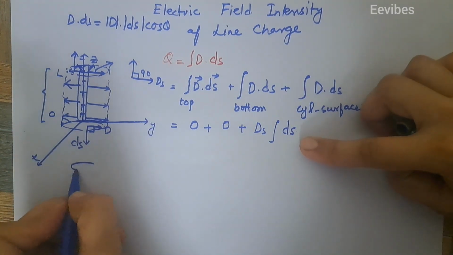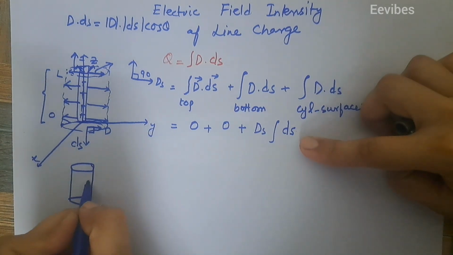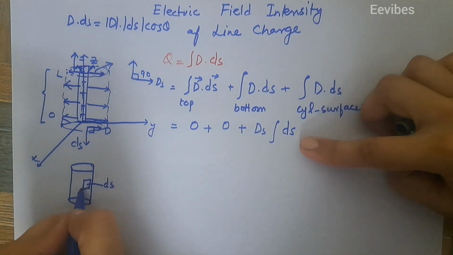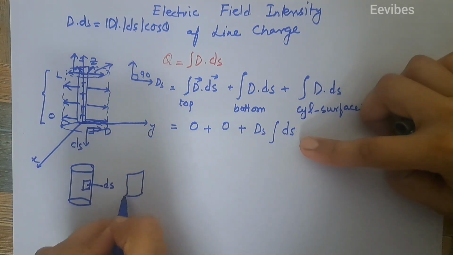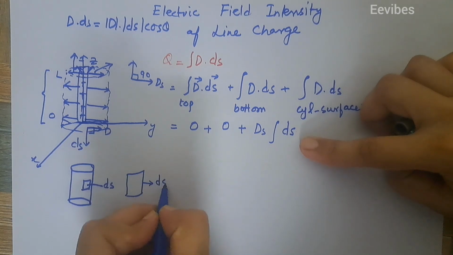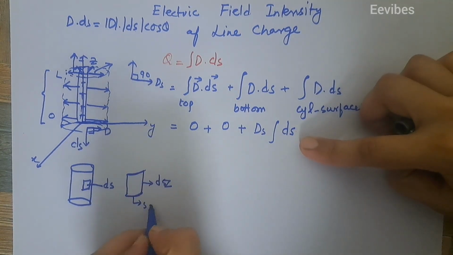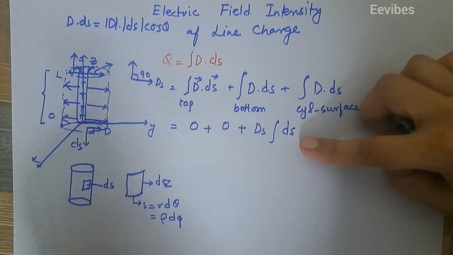Since we have a cylinder of radius rho, let's consider a small patch of it. This is dS. If I draw this patch separately, I can see that this vertical side represents the change dz, while this curved side has length according to the formula s equals r d theta, where r is rho and d theta is d phi in the cylindrical coordinate system.